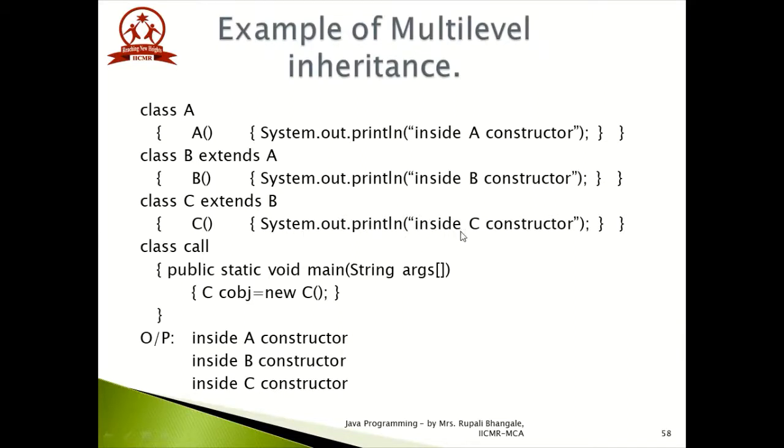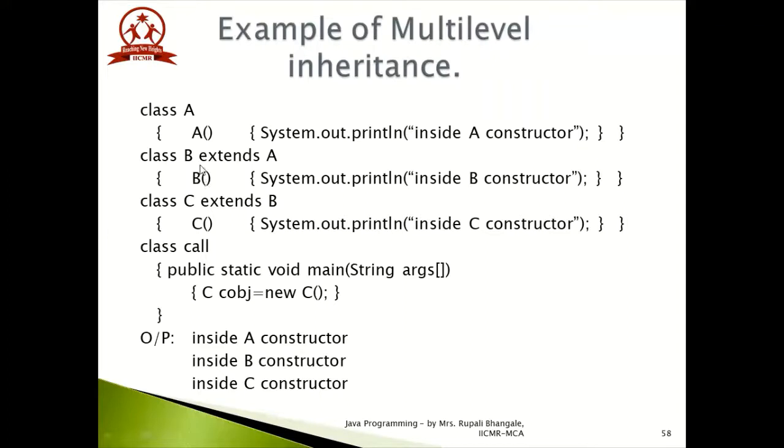So I should get "inside C constructor" as the output, but no. Eventually, the super constructor of the parent class will be called. Now, who is the parent of C? The immediate parent is B. So it will call the parent class no-arg constructor, the default constructor. This no-arg constructor will be invoked automatically before I can execute the child class constructor.